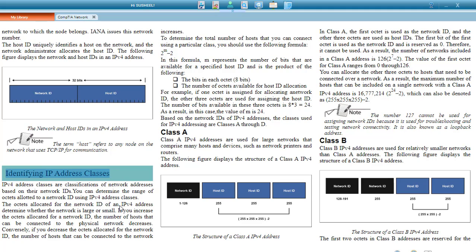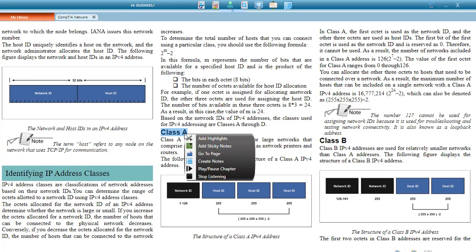If you increase the octets allocated for a network ID, the number of hosts that can be connected to the physical network decreases. Conversely, if you decrease the octets allocated for the network ID, the number of hosts that can be connected to the network increases.